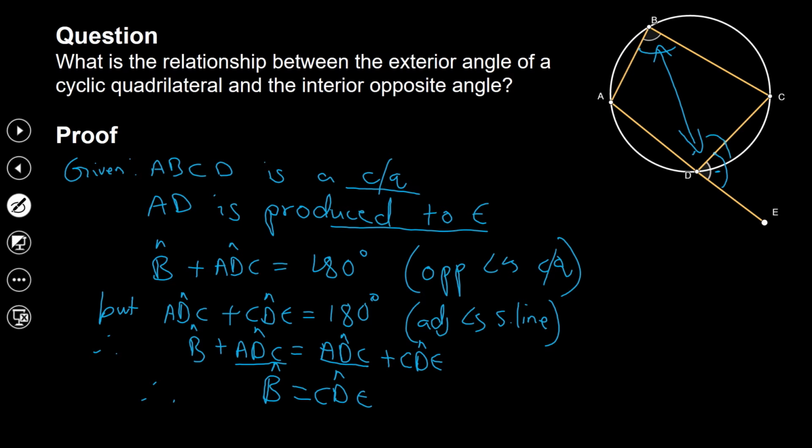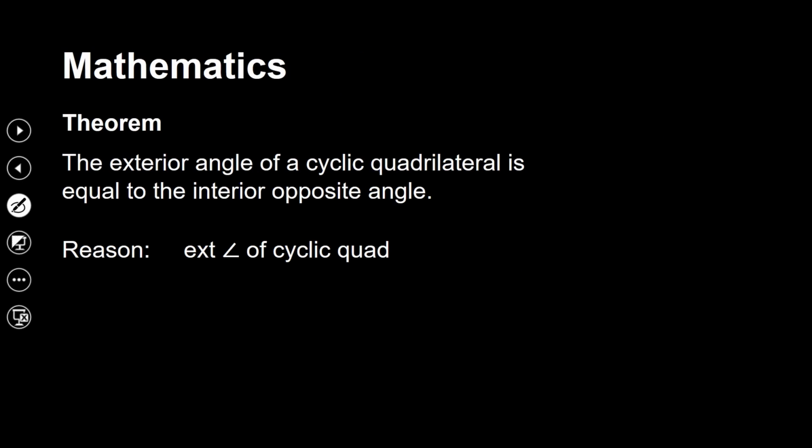But also these two angles are supplementary because they are adjacent angles on a straight line. And therefore, that gives me those two angles to be equal. So what is the theorem here? The exterior angle of a cyclic quad is equal to the interior opposite angle.